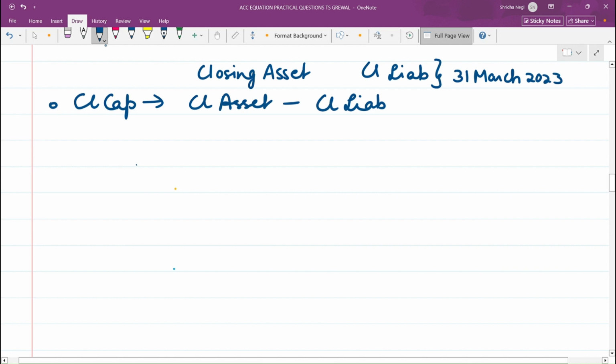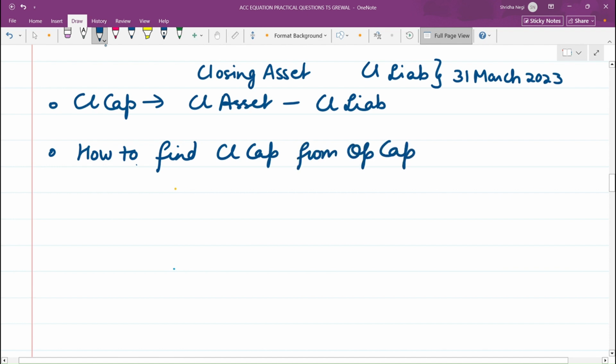Another method is you can find out closing capital from opening capital. Opening capital diya hai and a few other items are given, then how to find the closing capital. So this is the formula. Okay, what is the formula?